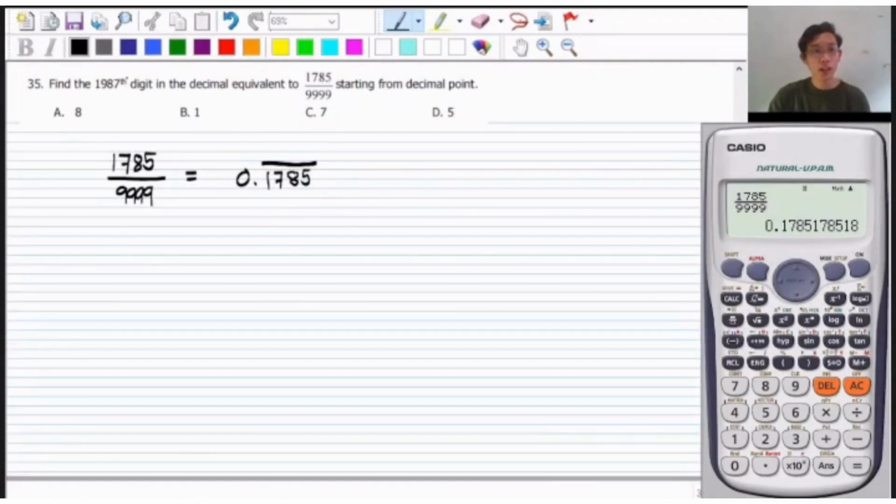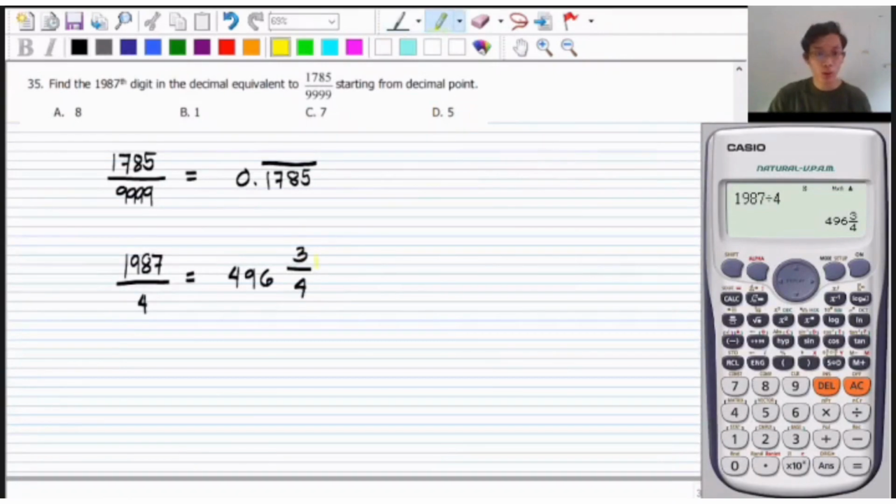Ngayon, hindi mo na kailangang bilangin na hanggang 1,000 plus. Anong gagawin mo lang? Kung ilang number yung naulit, i-divide mo dun sa 1987. So, 1987, ilang number pa yung naulit lang? 4. So, divided by 4. So, 1987 divided by 4 equals, then shift SD, 496 3/4. Gawin mo lang siyang mixed fraction. Tapos, kunin mo yung value ng numerator. So, 3.